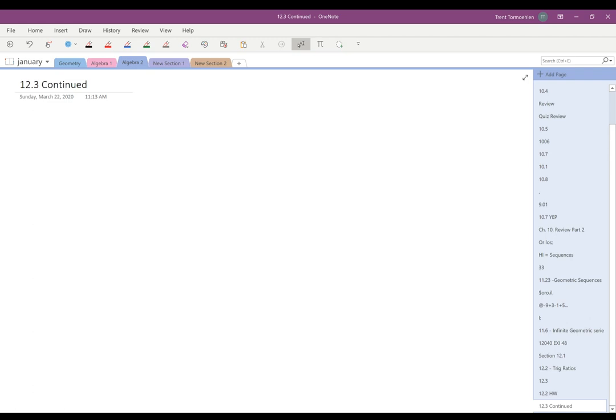Okay, so we're going to continue what we've been talking about with 12.3, which is just finding values of different trigonometry. And this is going to be about finding exact values. Just as a quick primer, the way that we're going to think through this is by remembering that whenever we have any kind of angle, we're going to have a reference angle, and that reference angle is going to be with the horizontal.